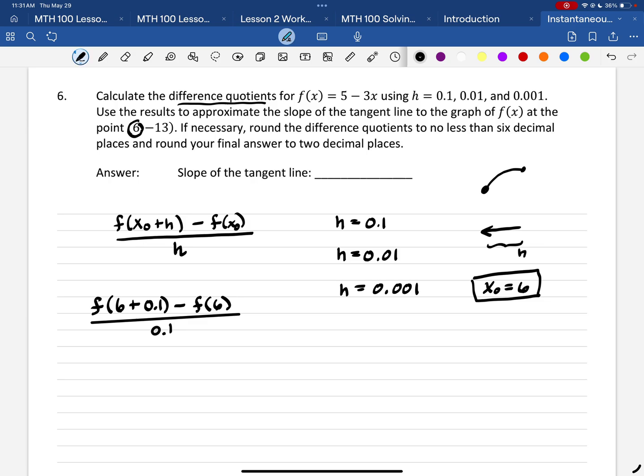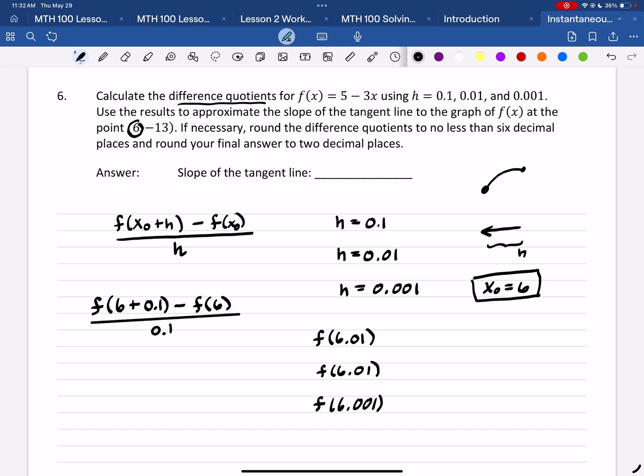We've got to actually do some calculations. So I have to do f of 6.1, and then the next time I'm going to have to do f of 6.01, and then f of 6.001.